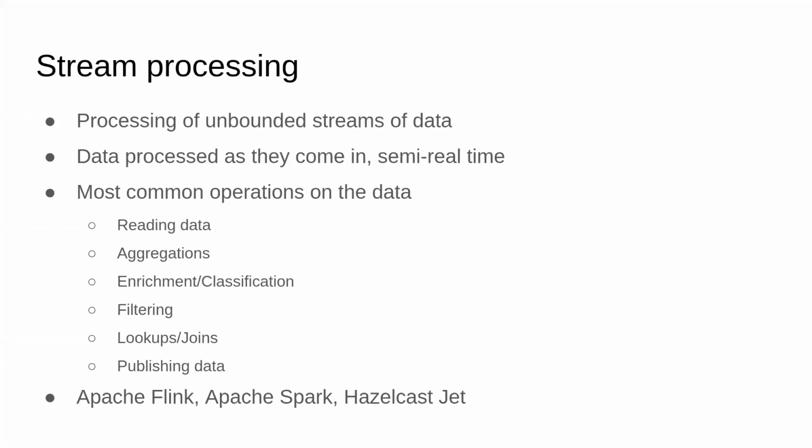And apart from reading and writing data, which are the most common operations, other typical operations that you do are aggregations, enriching the data, running machine learning algorithms, filtering, doing lookups or joins of the data. Examples of stream processing engines include Apache Flink or Apache Spark, which is originally batch-oriented, but with the latest versions, they have a streaming extension, and also Hazelcast Jet.